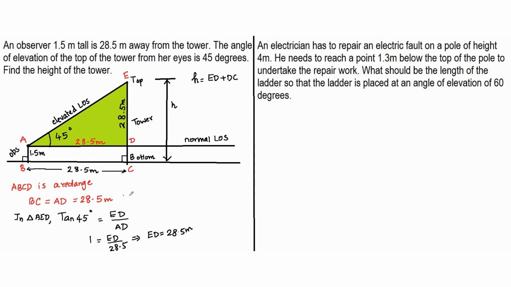So the length CD is equal to length AB, and that is equal to 1.5 meters. And therefore the height can be calculated as ED is 28.5 plus DC is 1.5, so 28.5 plus 1.5 basically becomes 30 meters, right? This is how I can find the complete height of the tower.